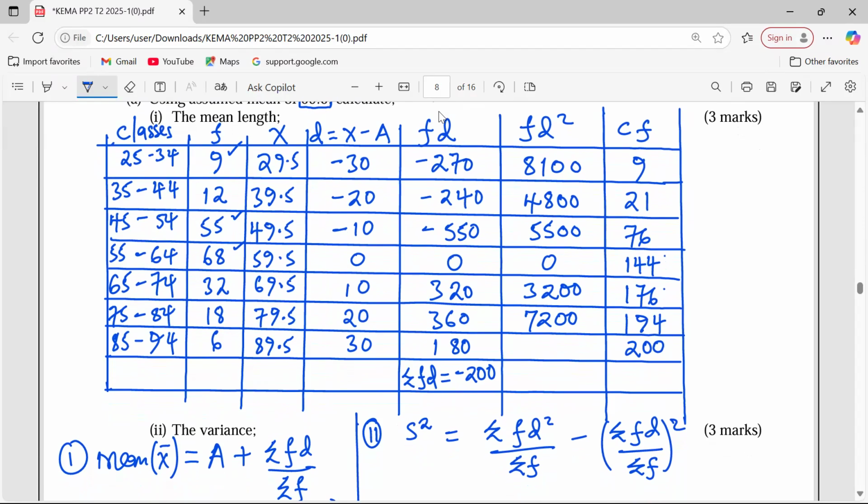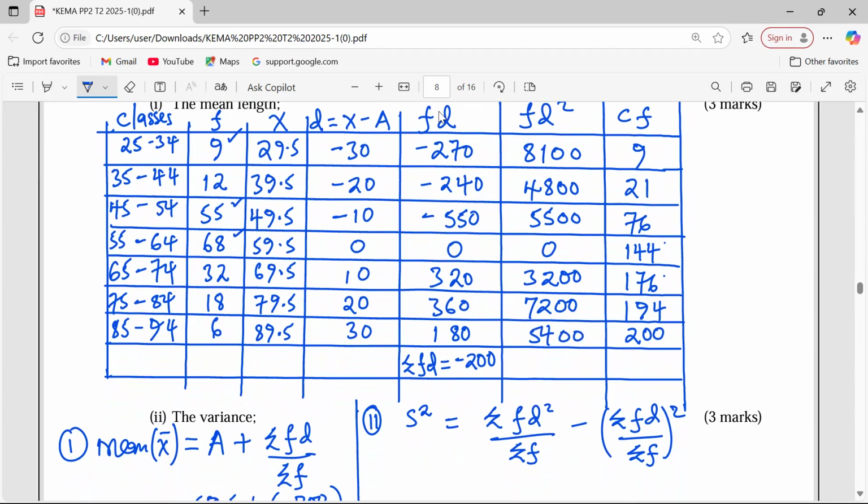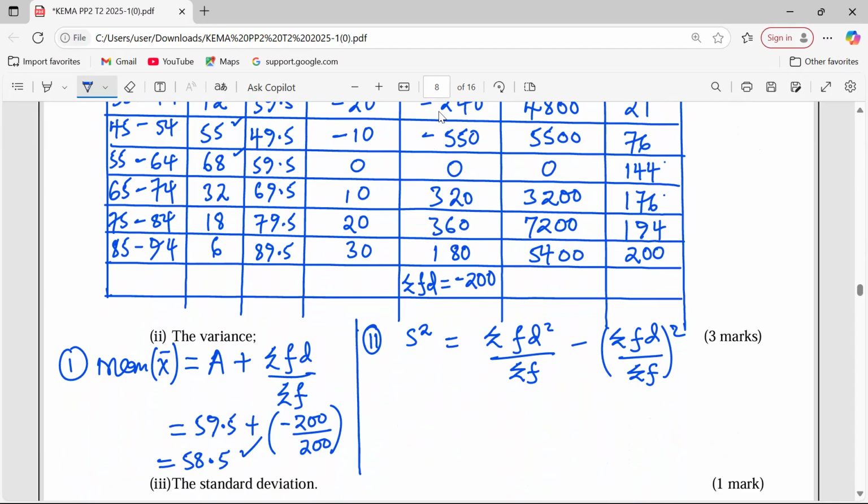Then 6 and 30 squared, this is giving us 5400. At this point now, we can talk about summation of F of D squared. So when we add up everything here, we shall get 34,200.